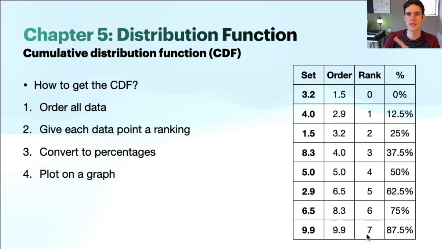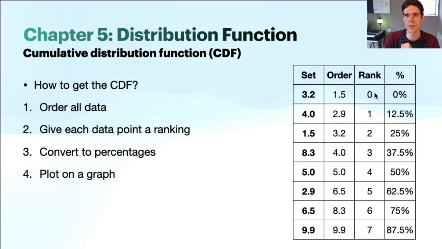Now, the third step is to convert these rankings into percentages. Now, this is very easily done once we know the total number of data points in our dataset. In this case, we have a small dataset of just 8 data points. Now, how we get the percentage is just dividing the rank by the total number of data points and then multiplying by 100.